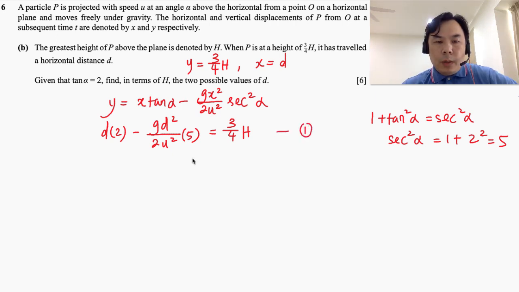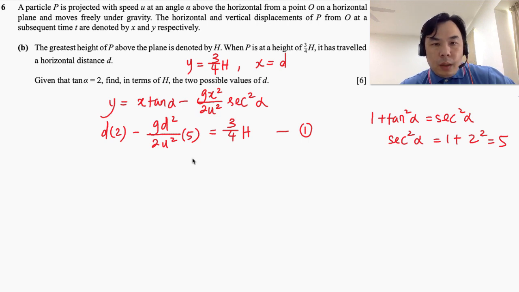And then, all right, as you can see, this is our first equation here. We have obtained all the necessary information that we need. But if you read the question itself, we need to find all the possible values for d in terms of h, but we still have an unknown u, which we need to get rid of. This is where the maximum height comes into play, the maximum height of h, right?